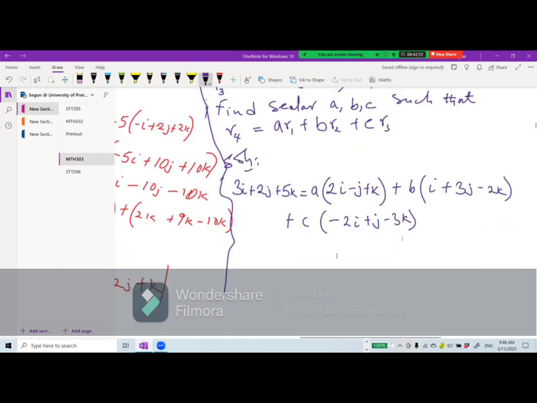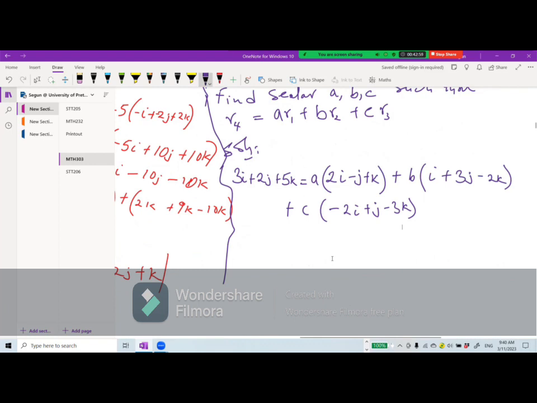Now that we have this, what do we need to solve in this case? We need to open the bracket and see. After you open the bracket, take all the A out, take all the B out, and take all the C out.